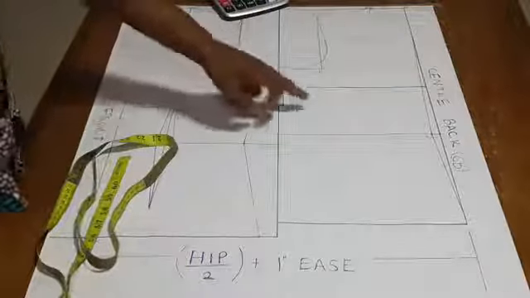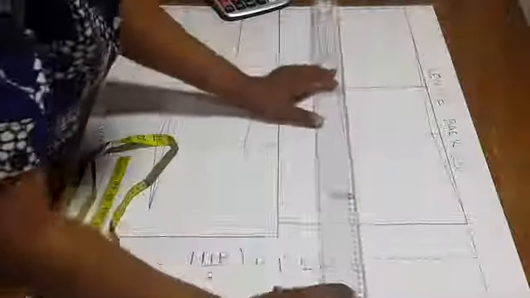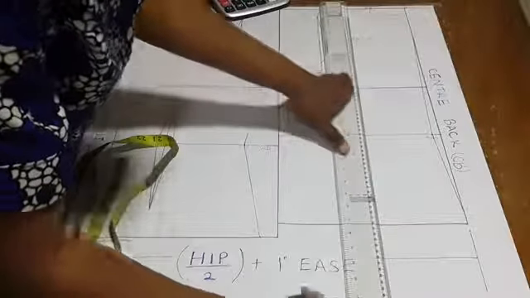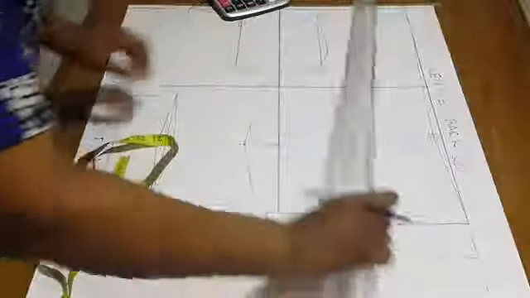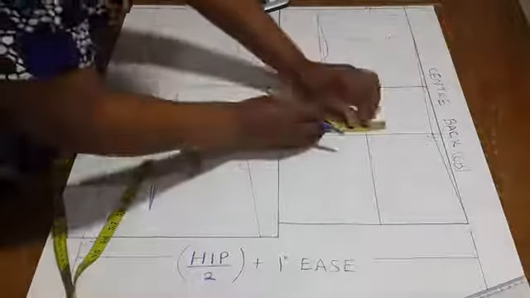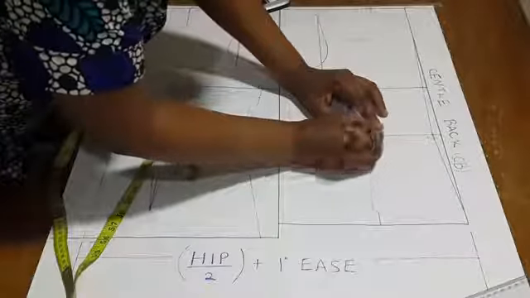Remember, your back dart should not go up into your armhole point so that you will not have a distortion on the armhole. So I connect it on a straight line for my back dart. And I input my dart size, which is 0.5.